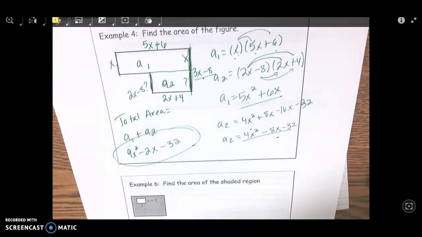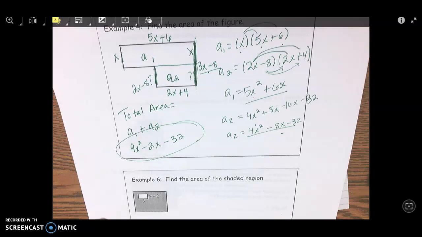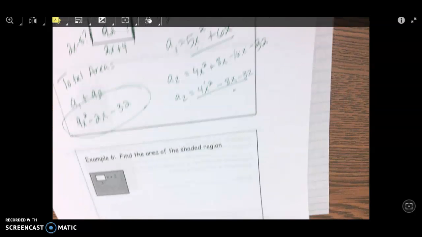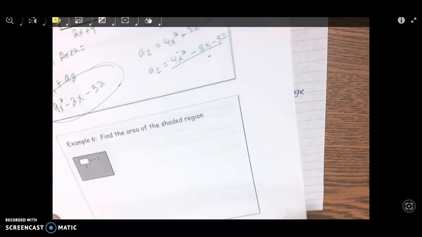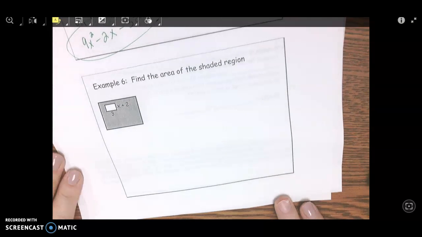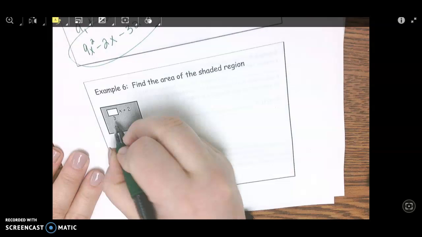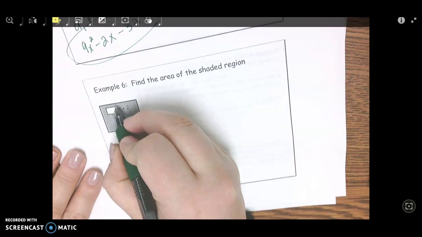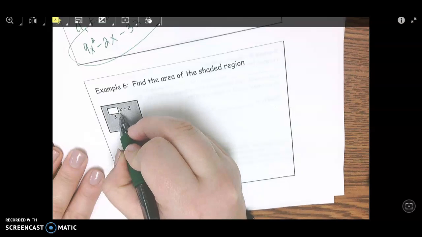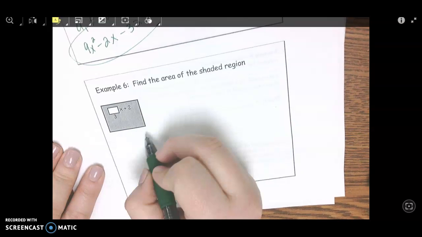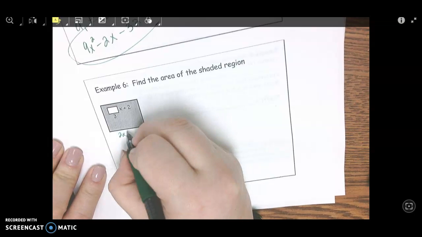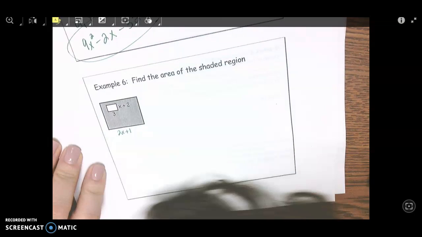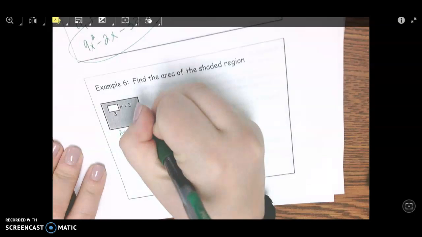On the last one, you need the dimensions. Well, we have a few more examples. This little rectangle is 3 by x plus 2. The bigger rectangle is 2x plus 1 by 11.